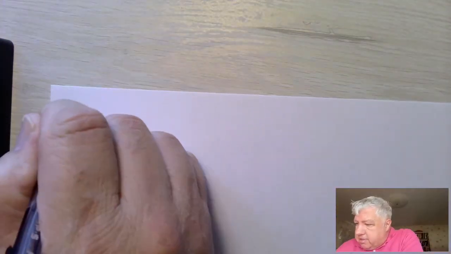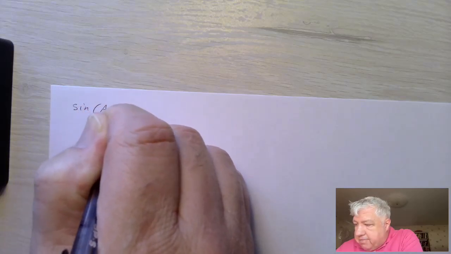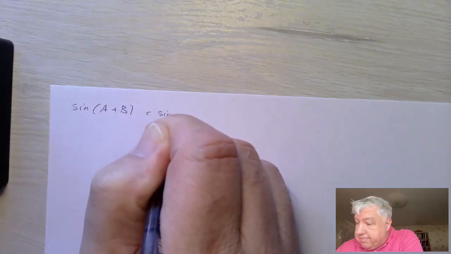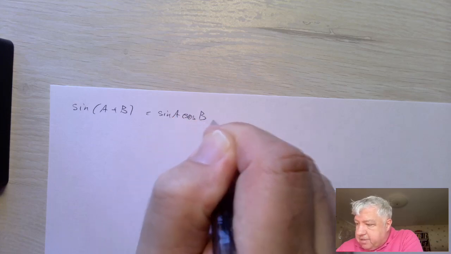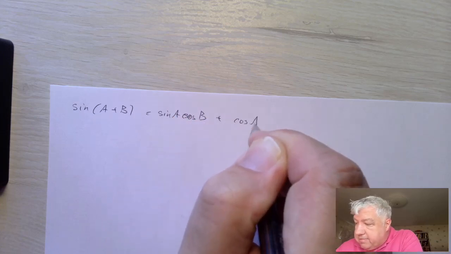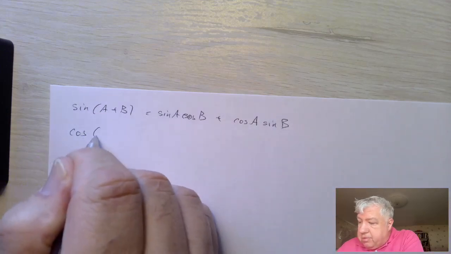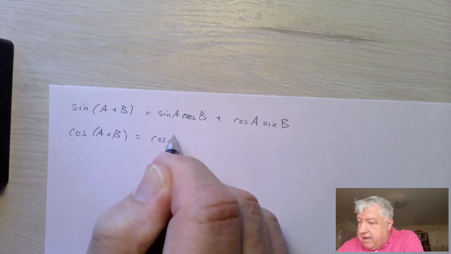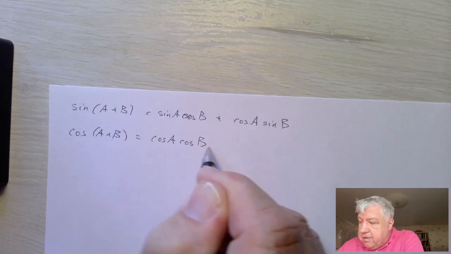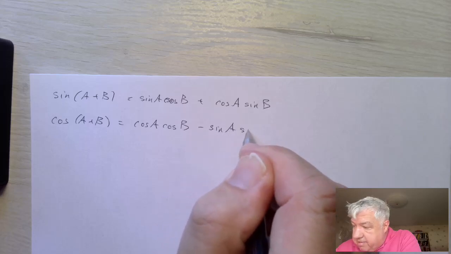We had the sine of a plus b is the sine of a cosine of b plus cosine a sine of b. And we have the cosine of a plus b is the cosine of a cosine of b minus sine a sine b.